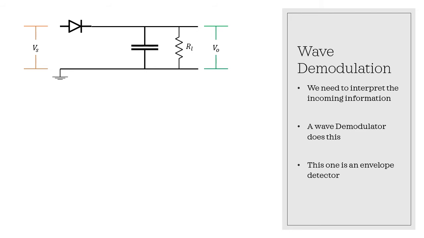You have an input signal in orange, Vs, that goes to the input, gets bounced around a bit, and then comes out on the green, or VO. And VO should ideally just be the envelope wave, and the characteristics of the carrier frequency should be gone. In an ideal world, all we would have left at VO is our wave envelope.